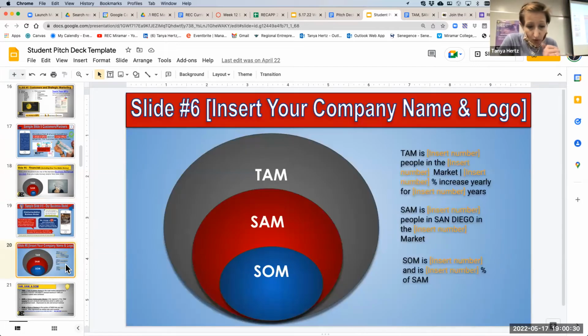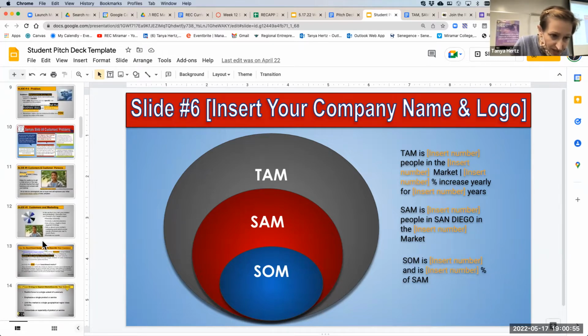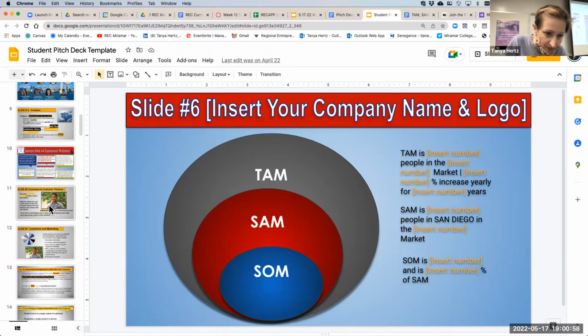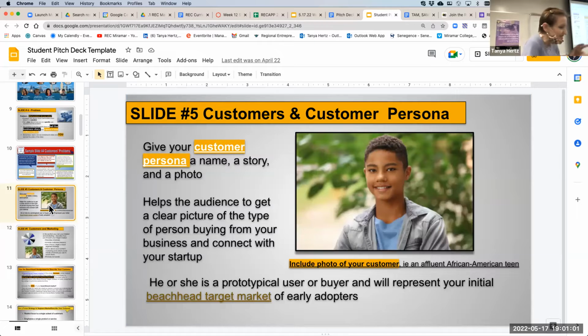So how is a served addressable market different than total addressable market? You can think of total addressable market as the industry, and then served addressable market as the portion of the industry that we're actually going to serve. So all of these are target markets, and the reason I went back up to the focus strategy and the beachhead is because this is where we actually dive into some descriptors of that early market.